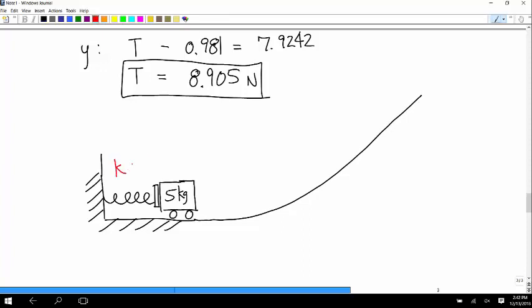Let's say the spring has a constant of 1,000 newtons per meter.